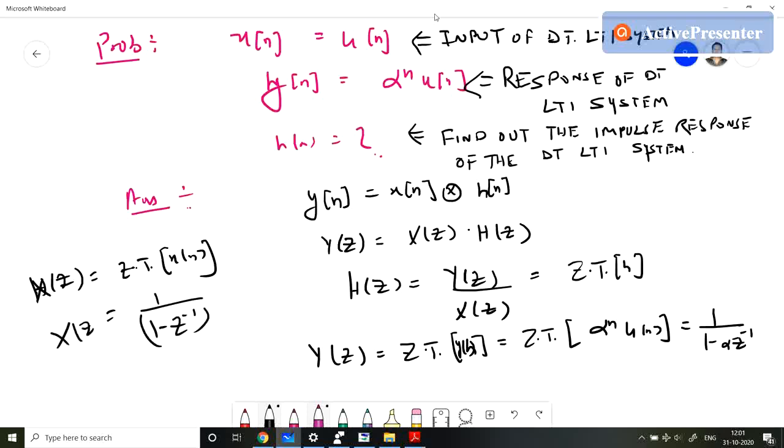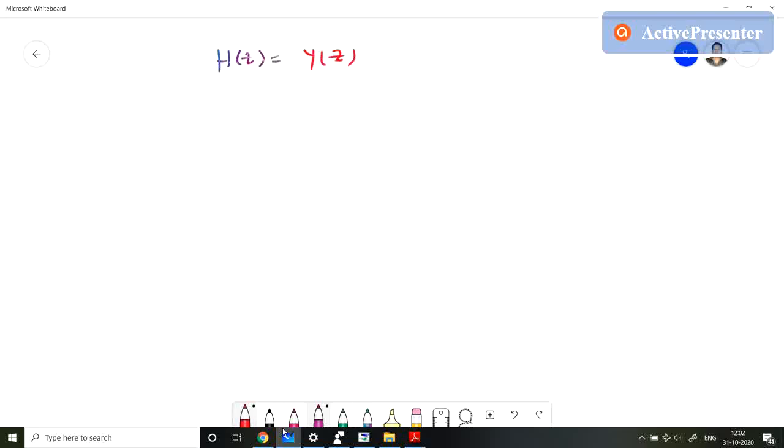Now putting the value of X(z) and Y(z) in this equation, what will we get? We will get H(z) equal to Y(z) divided by X(z), where Y(z) is 1 divided by (1 minus alpha z inverse) and X(z) is 1 divided by (1 minus z inverse).